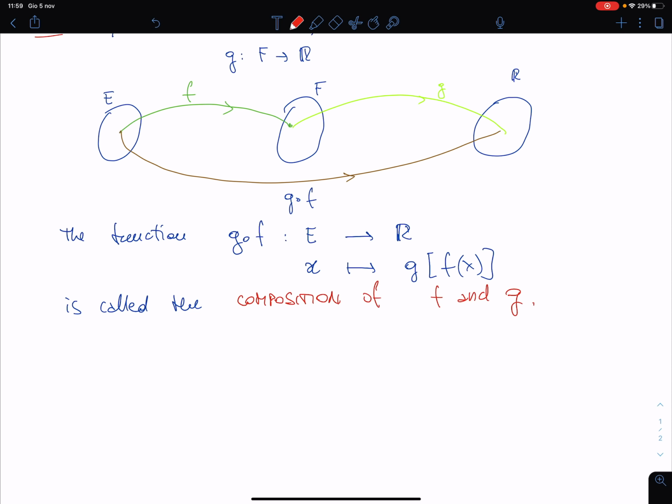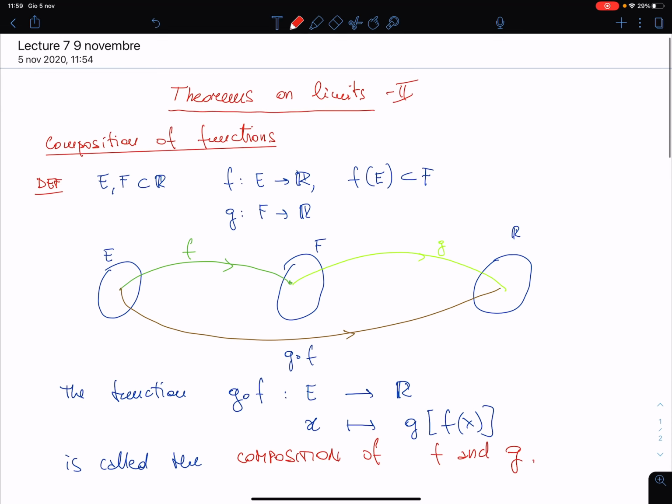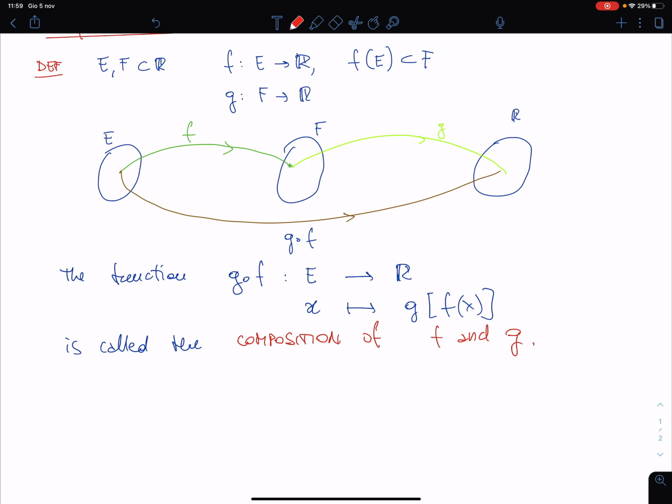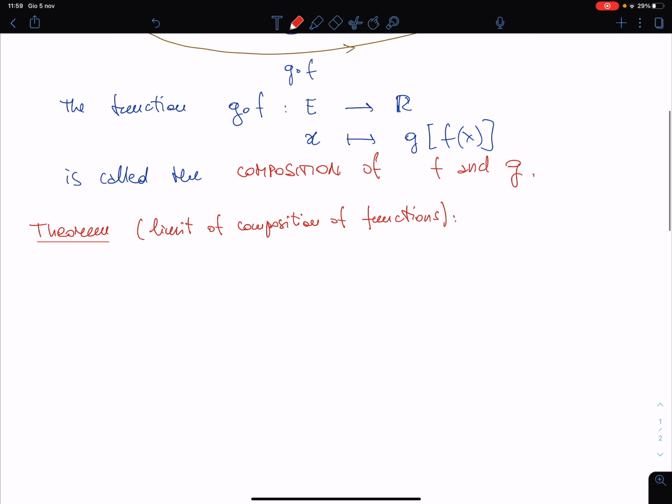Now, the theorem is about the limit of composition of functions, and says the following.